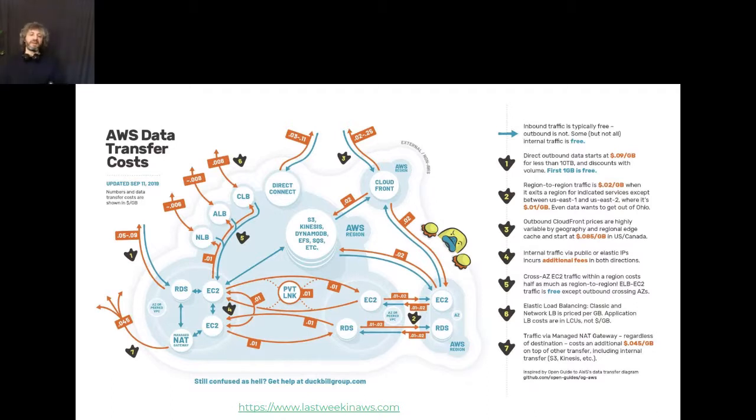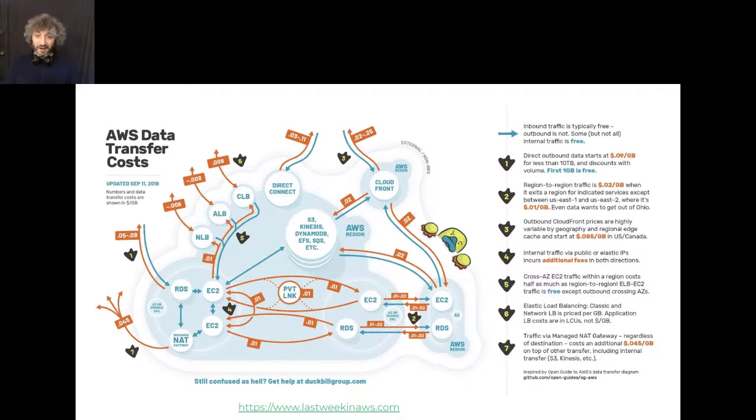So comparing a database, for example, where I run my MySQL as a multi-AZ RDS versus running my own deployment on EC2 with a primary node and a replica, and I do my own failover, we have to remember that that's the transfer between the two zones, that you're going to pay and you don't pay with a managed service.